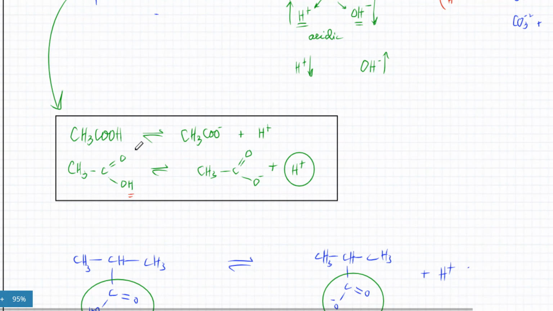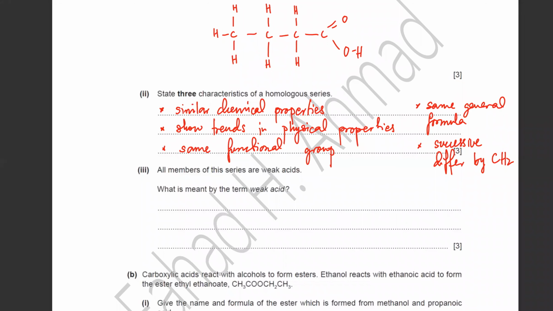So carboxylic acid का जो OH है, COOH, the OH is the one that loses an H plus one ion. So what is meant by the term weak acid? So it's an acid that partially ionizes. And produces fewer H plus one ions.